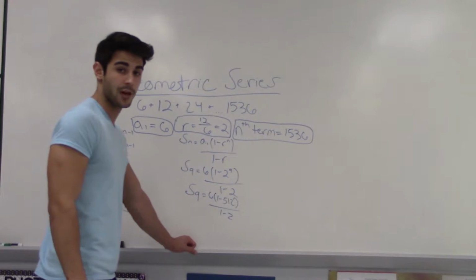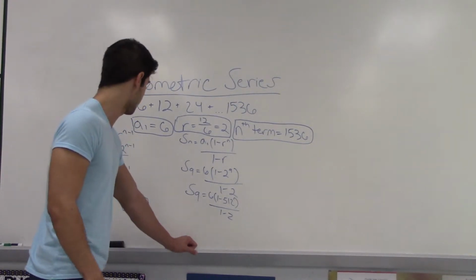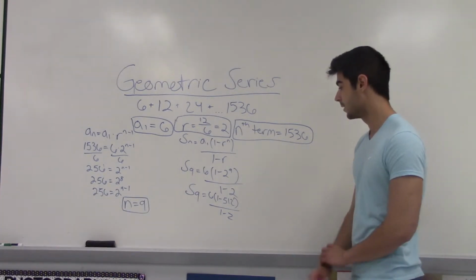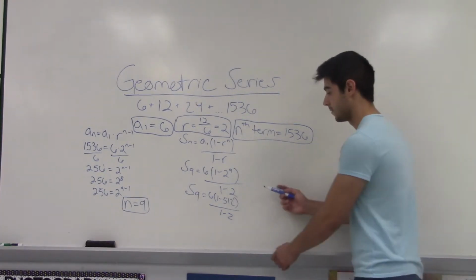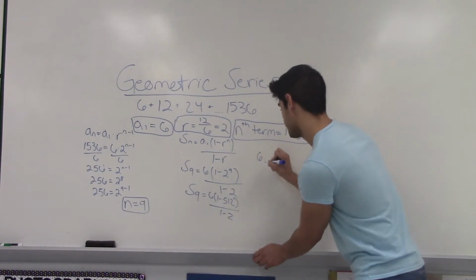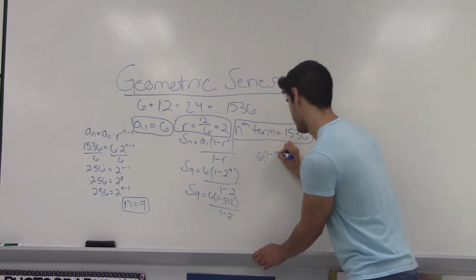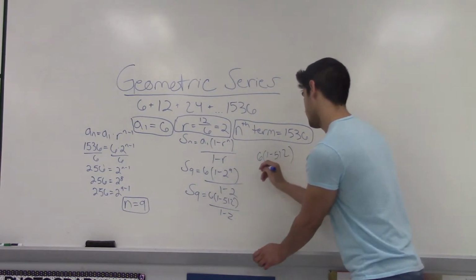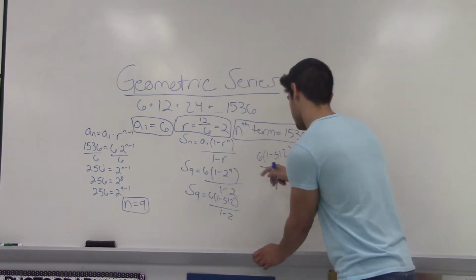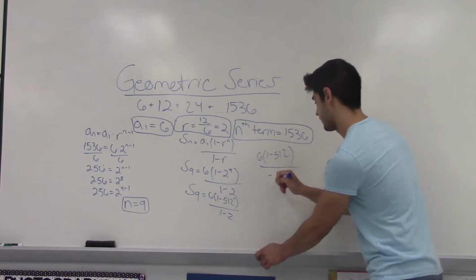It would appear that I'm running out of room on the board. Hold your horses. Now we do our parentheses. We know that we have 6 parentheses 1 minus 512 all over, and we'll just call that negative 1.